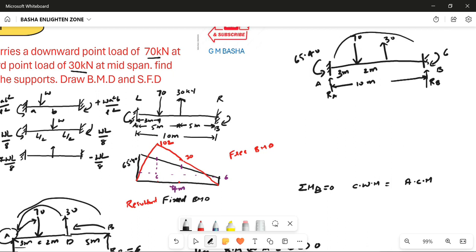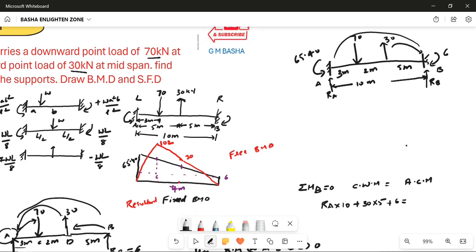What are the clockwise moments acting towards A? This RA into 10 meters. Again, what are the clockwise moments acting? This 30 into the remaining distance, which will be 5, plus 30 into 5. And plus 6.